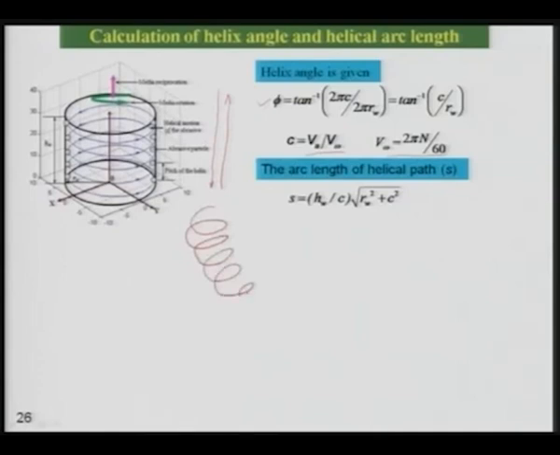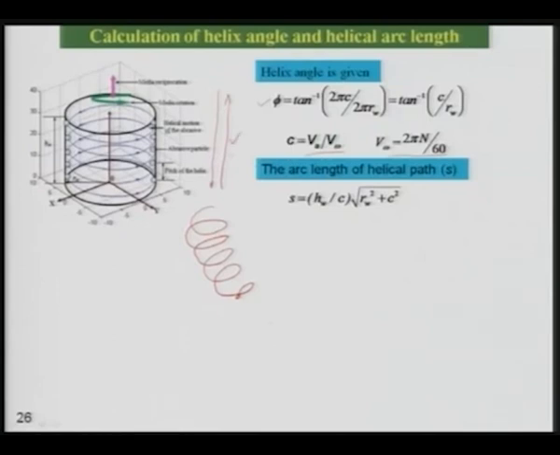When it is moving in the helical path, the total length covered by the abrasive particle, which is rotating in the helical path, is more than it is being covered in the straight line path as shown over here.